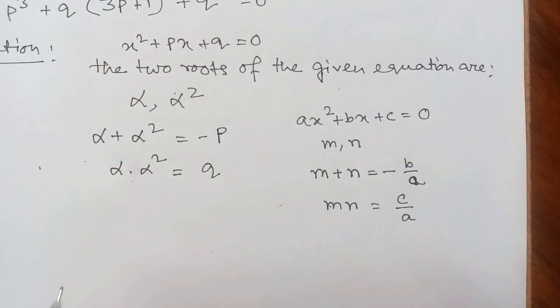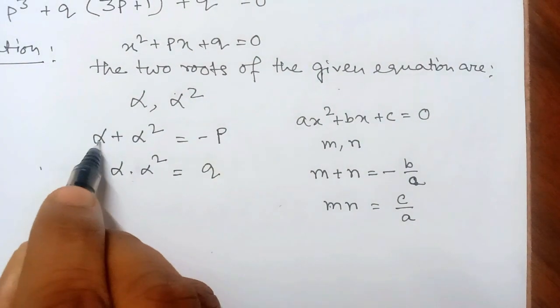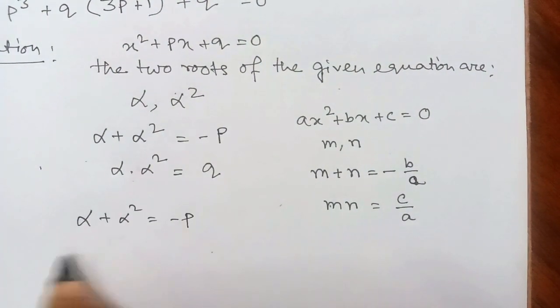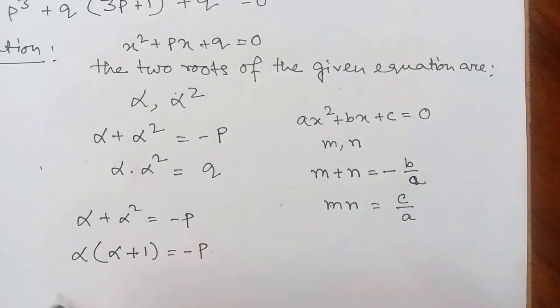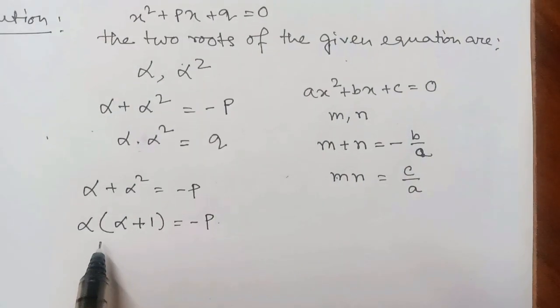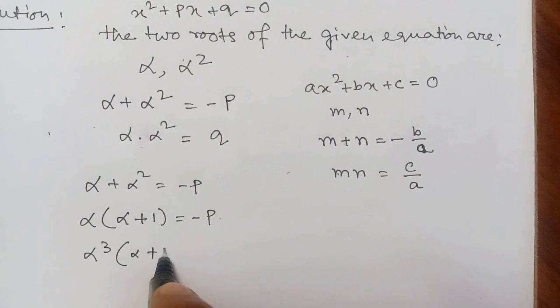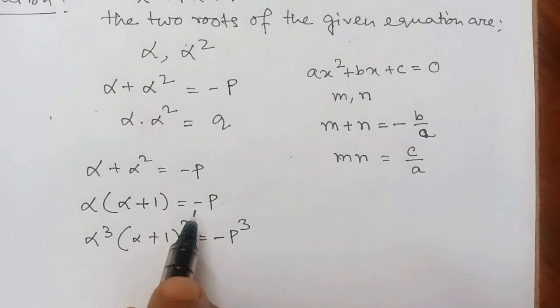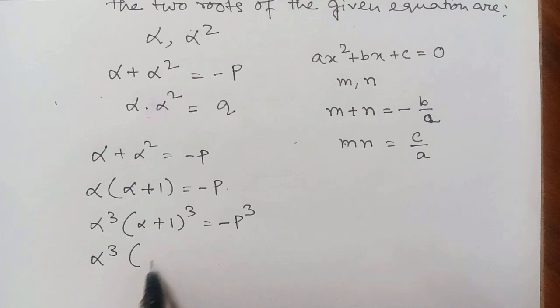So from these two relationships, from alpha plus alpha square equals minus p, we can write alpha common taken, and inside it will be alpha plus 1, equal to minus p. If we cube both sides of the equation, it becomes alpha cube into (alpha plus 1) whole cube equals minus p cube. Now alpha cube will be outside, and inside we can use the a plus b whole cube formula to break this.